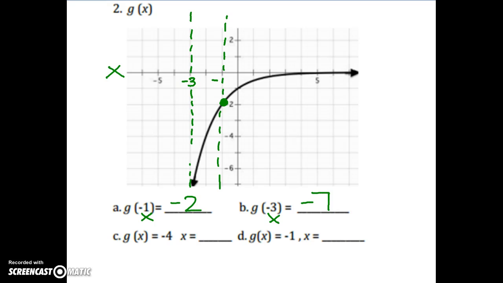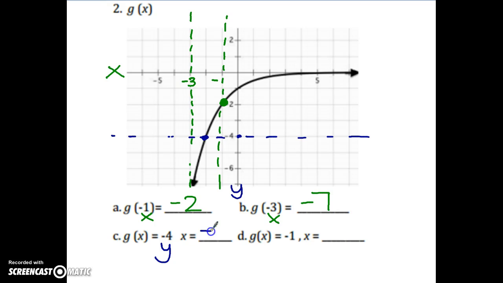So the next one, I have the output of 4. That's the y. The output is negative 4, so if I go to the y-axis at negative 4, I want to know what's the x value. Well, it looks like I have to go over 2 to the left.